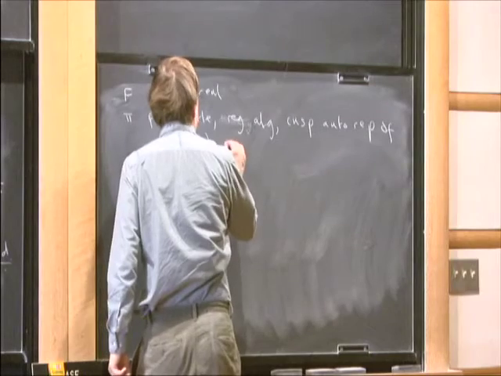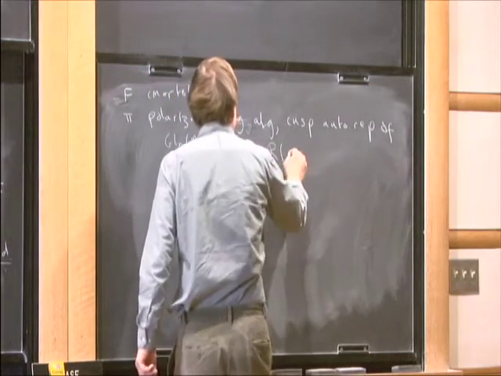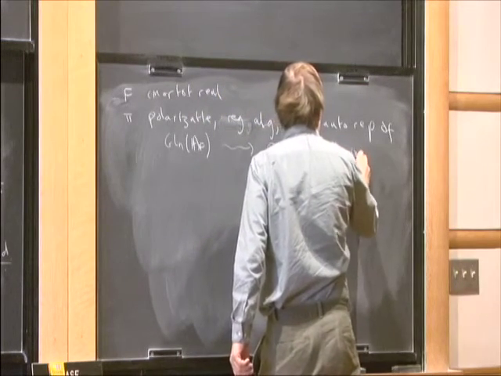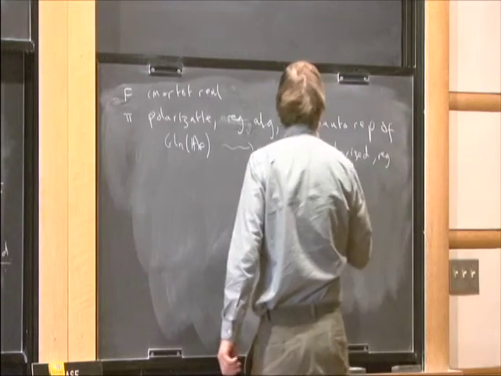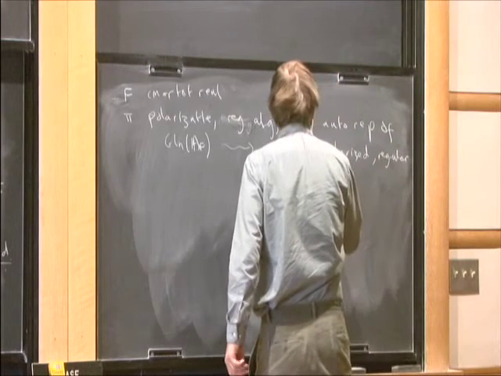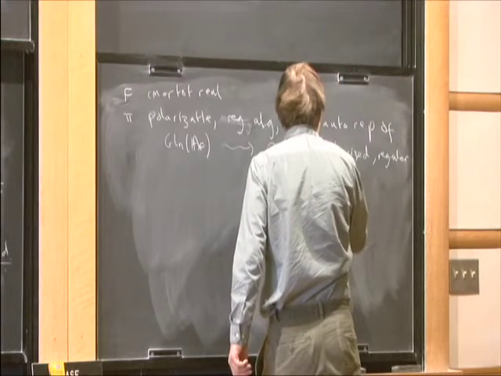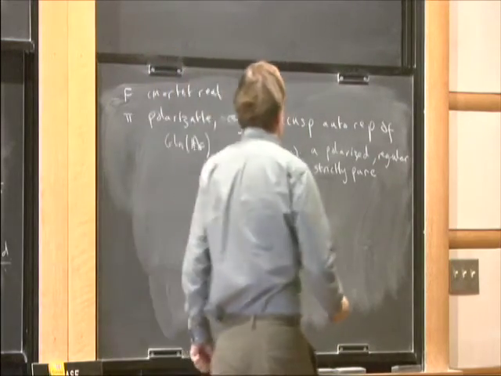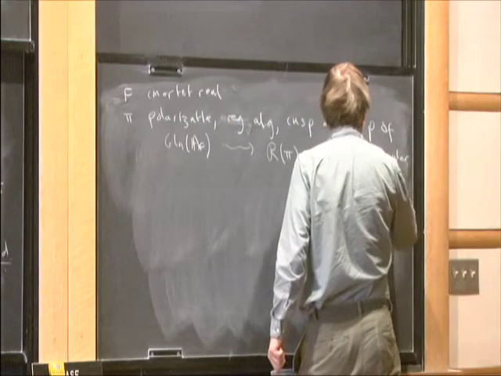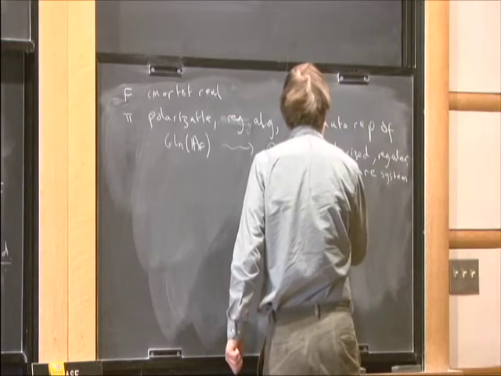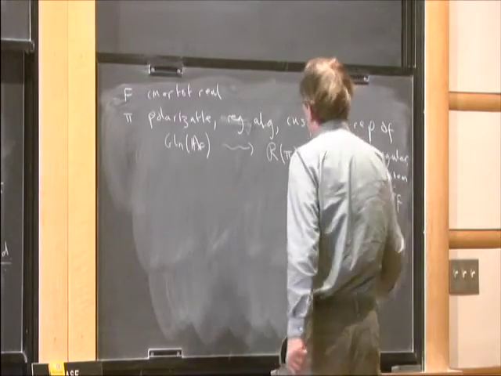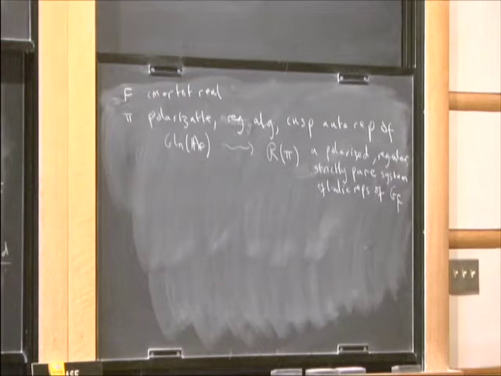So we get R pi, polarized, regular, in fact strictly compatible, or even strictly pure, so strictly compatible and pure in the strong sense, system of l-adic representations of the Galois group of F. So the precise definitions of pure and so on I made so that we actually know that.